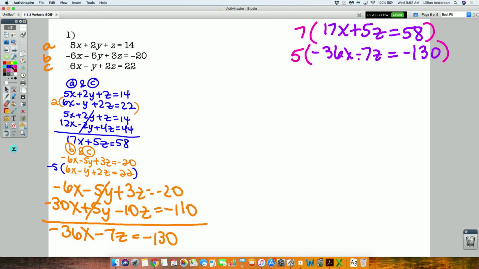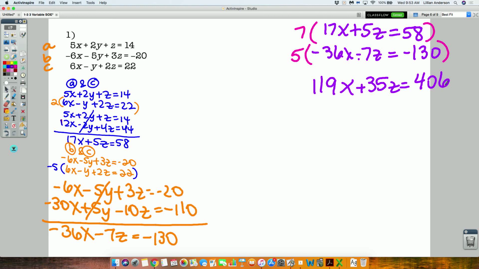So pull out the calculator, get these numbers going. 7 times 17. Say again. 119? Yeah. All right, and then we know that 7 times 5 is 35. What is 7 times 58? 406. There's nothing wrong with double checking those numbers just to make sure.